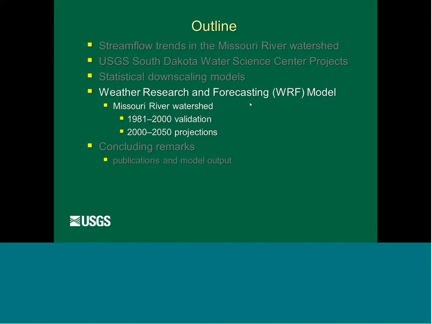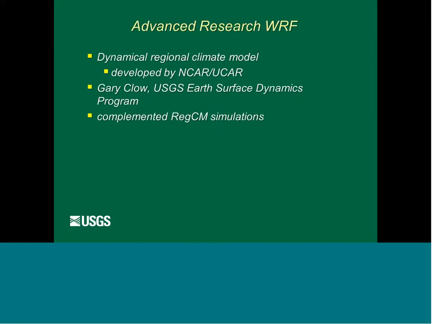I'll give you a little bit of background on the Weather Research and Forecasting model that we've been using as well. It's called WRF, and the version we use is the Advanced Research WRF model. It's a dynamical regional climate model developed by NCAR and maintained by UCAR. One of the reasons I got tied onto this is that a lot of these projects wanted more than temperature and precipitation.